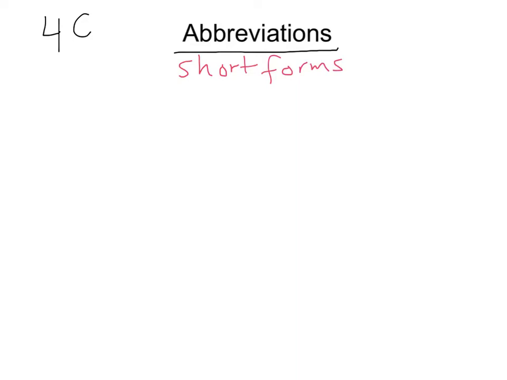اختصارات. Abbreviations, اختصارات. For example, ST is an abbreviation for what? For street. So ST stands for, تمثل أو ترمز إلى street.